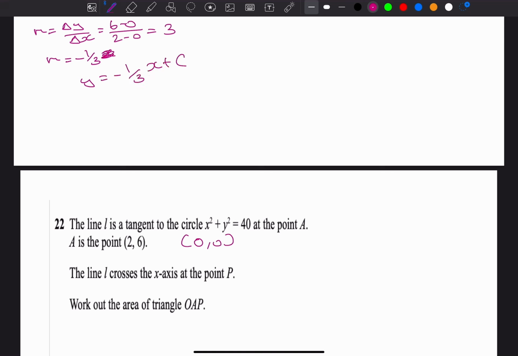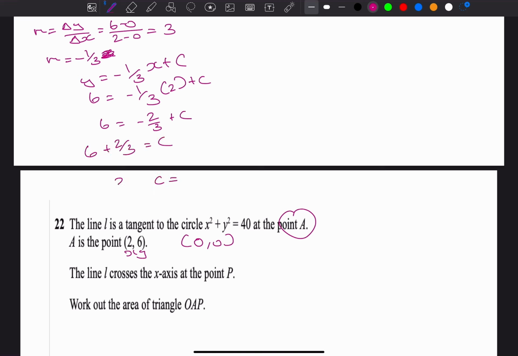Substitute the coordinate of point A, x and y: 6 equals minus 1 over 3 times 2 plus c. 6 equals minus 2 over 3 plus c, c is 6 add 2 over 3, c will work out to 20 over 3. The equation is y equals minus 1 over 3x plus 20 over 3.